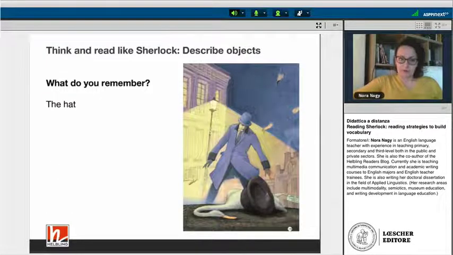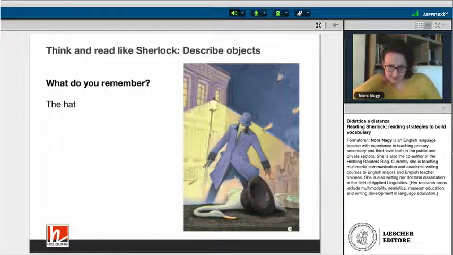So let's see how much you remember. The hat was, you can see this new illustration here. You can see that there's a hat and it was, can you please remember, write a couple of words in the chat box?